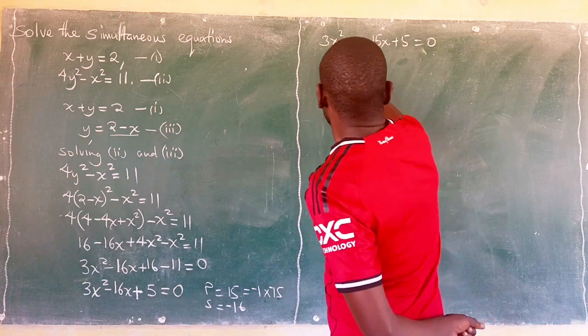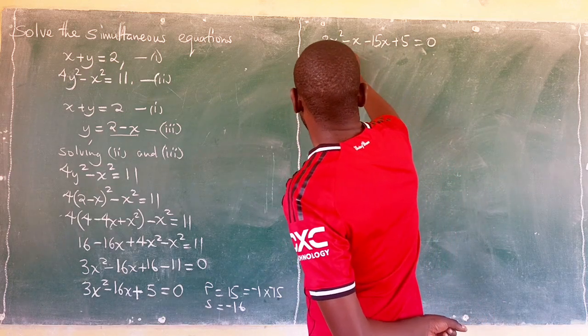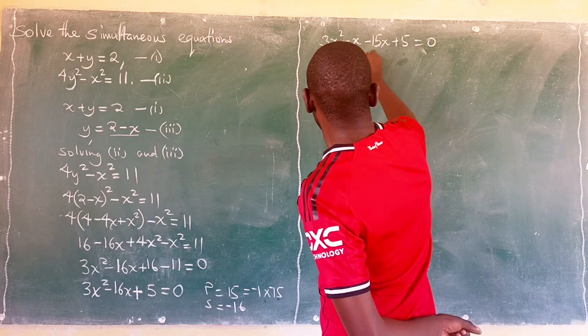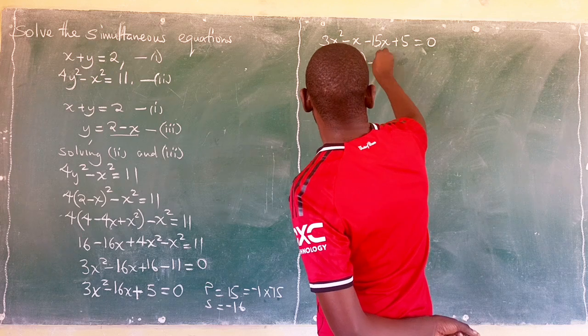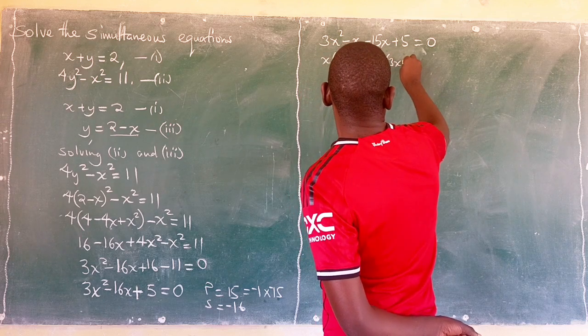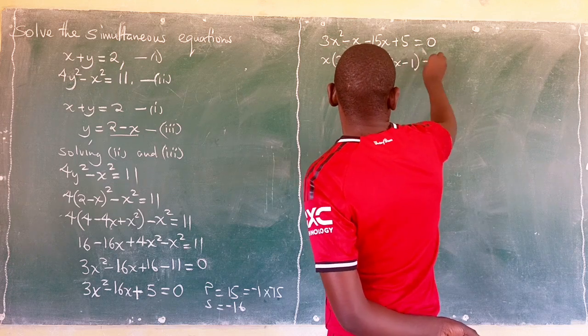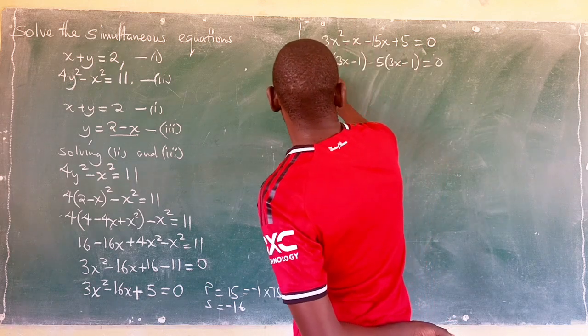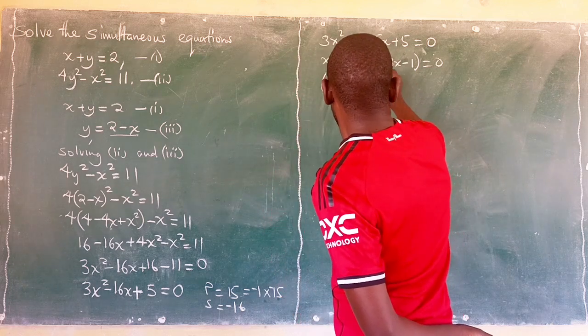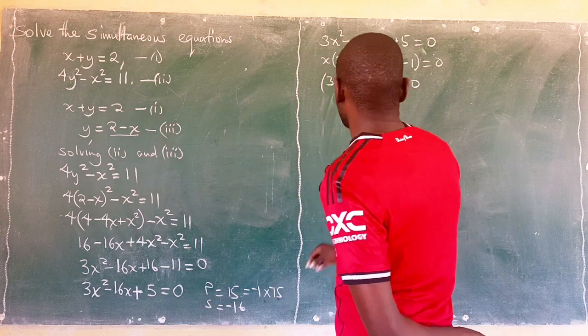Here we have x as common, then we'll have 3x minus 1. This side we have 5, negative 5, giving us 3x minus 1 equals 0. That gives us 3x minus 1, and then x minus 5 equals 0.